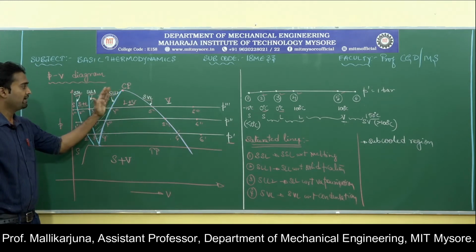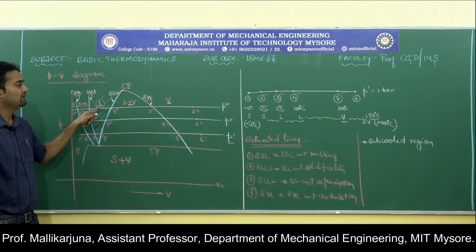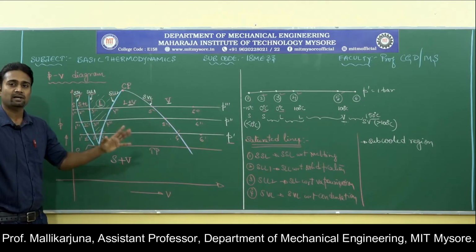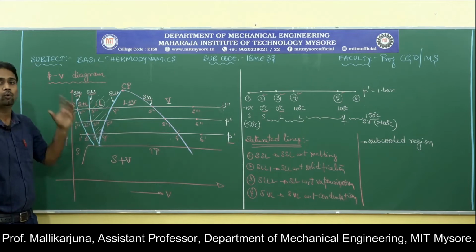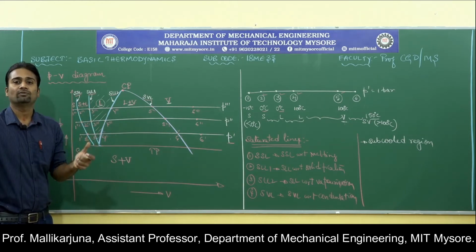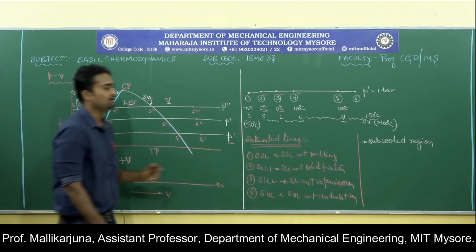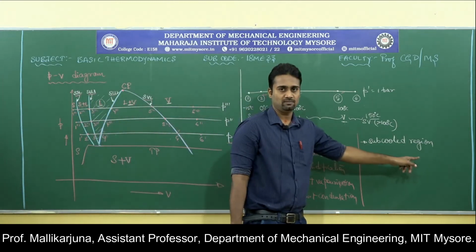The region marked to the left side of the saturated liquid line is nothing but the liquid region. That means irrespective of the pressure, the region will be holding the liquid form of the substance. So this particular region is nothing but the subcooled region.